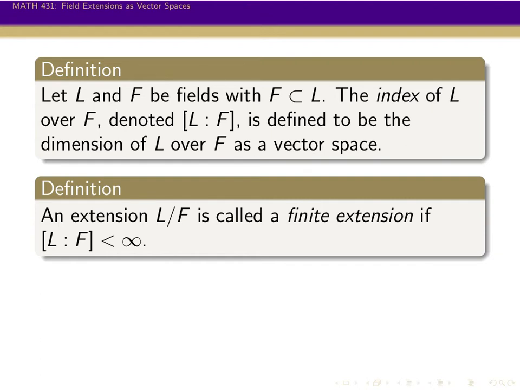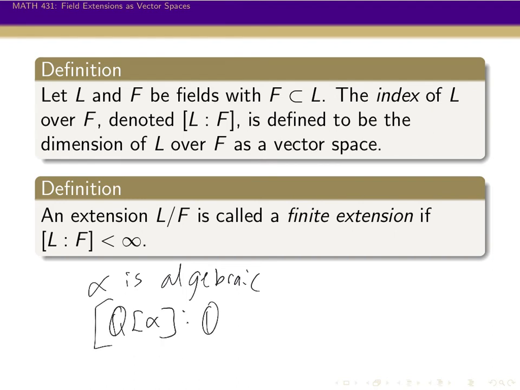And then once we know what an index is, then we can define what's called a finite extension. An extension L over F is called finite if the index is less than infinity. Okay, so in particular, we know that if alpha is algebraic, then the index of Q adjoin alpha over Q is equal to the degree of the minimal polynomial.